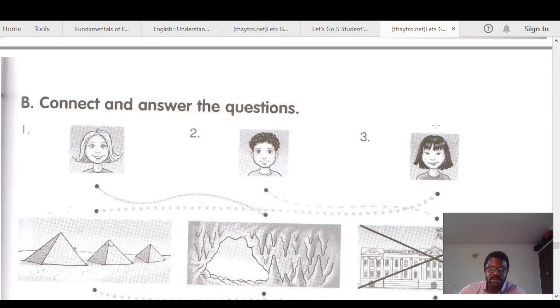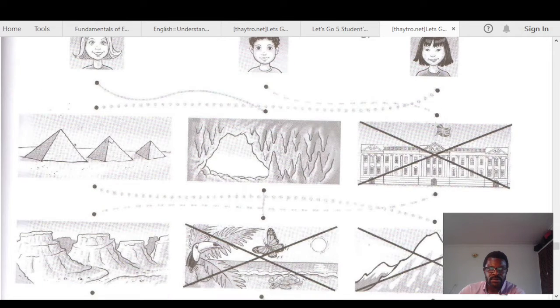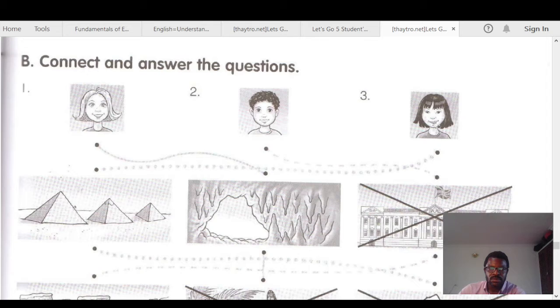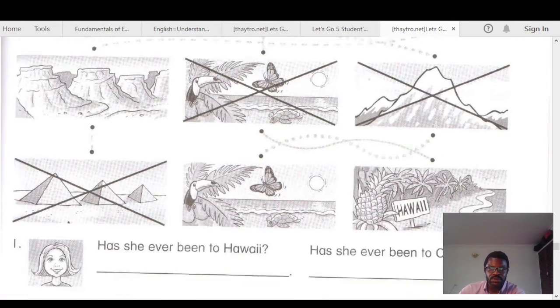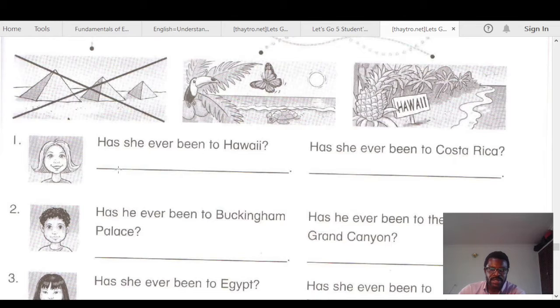So connect and answer the questions. Who has been to where? And you see in this section, what they are telling us, has she ever been to Hawaii?